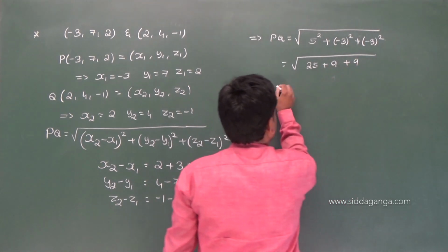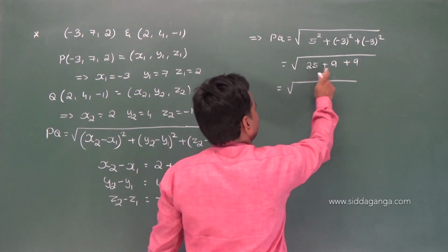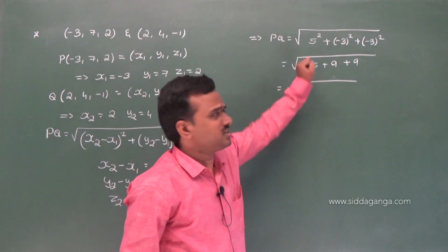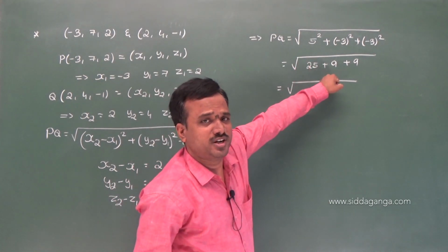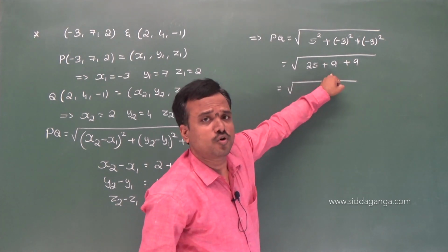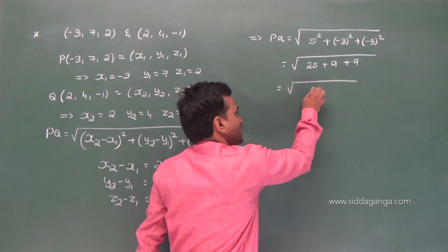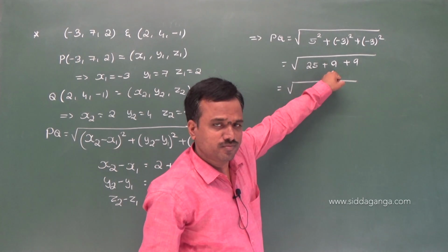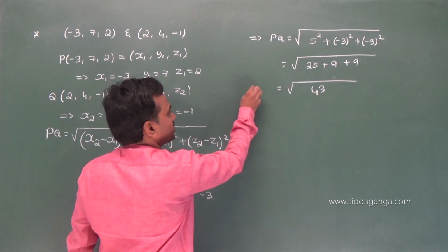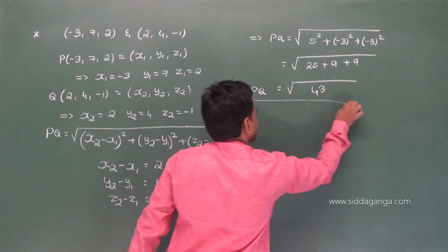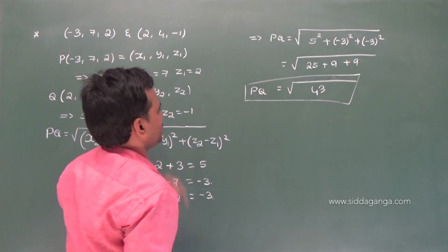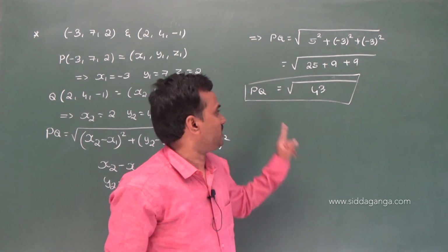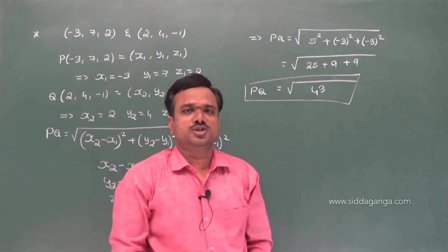Minus 3 square, 9. 25 plus 9 is 34. 34 plus 9 is 43. So the distance between these 2 points is given by square root of 43. I think you clearly understand.